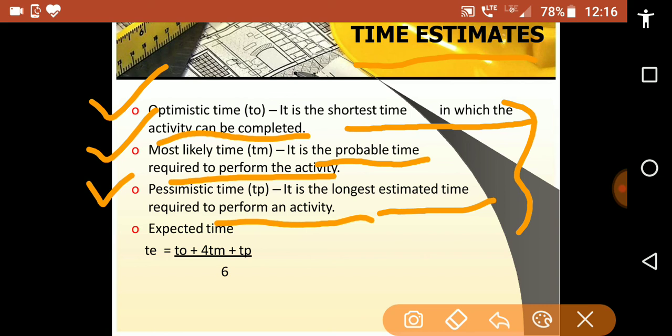Next is pessimistic time, the longest estimated time required to perform an activity. And next is expected time, TE. The formula of expected time is TE equals T naught plus 4 Tm plus Tp, divided by 6. So these are the time estimates.